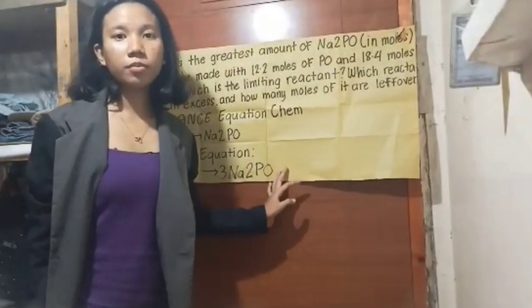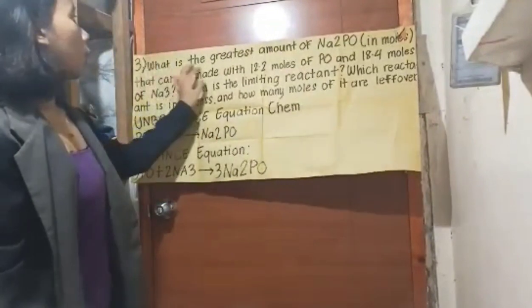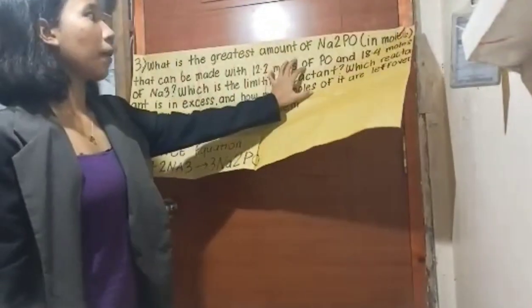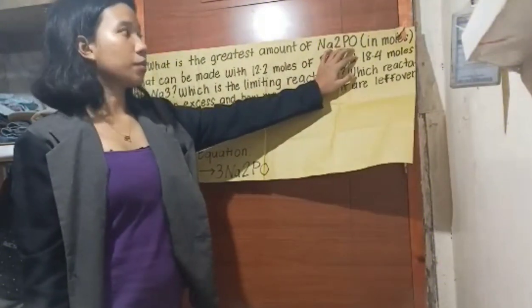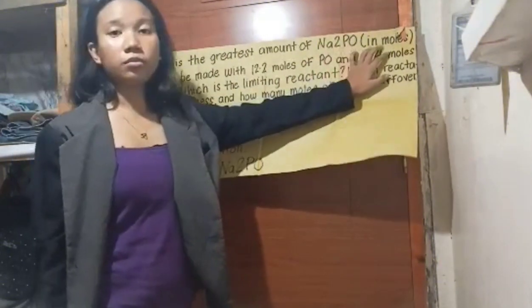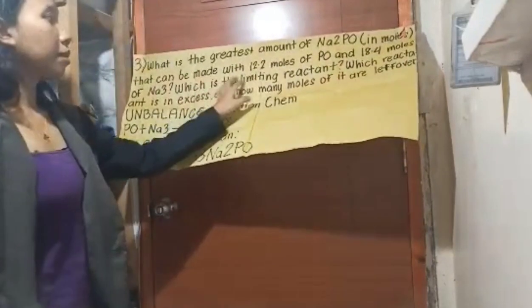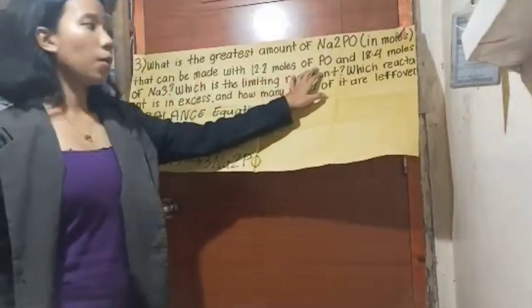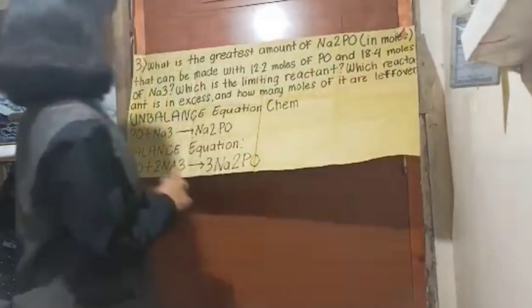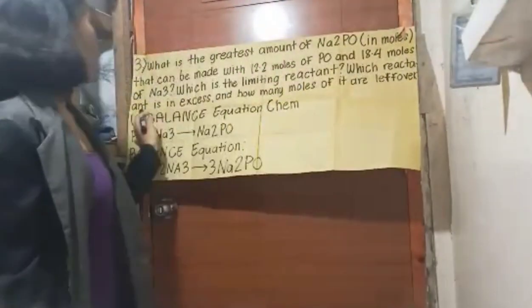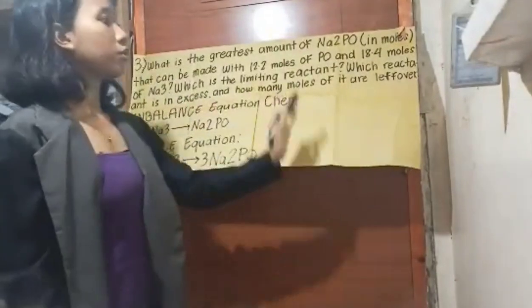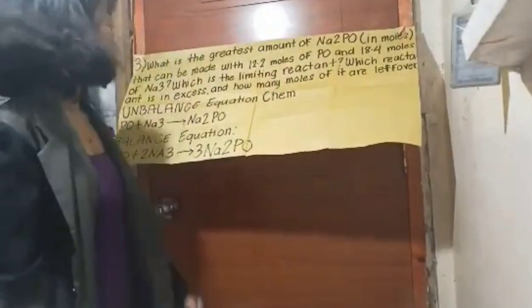So here's the problem of number 3. What is the greatest amount of Na2PO, where Na is sodium and PO is polonium, in moles, that can be made with 12.2 moles PO and 18.4 moles of Na3, which is the limiting reactant, and which reactant is in excess, and how many moles of it are left over.